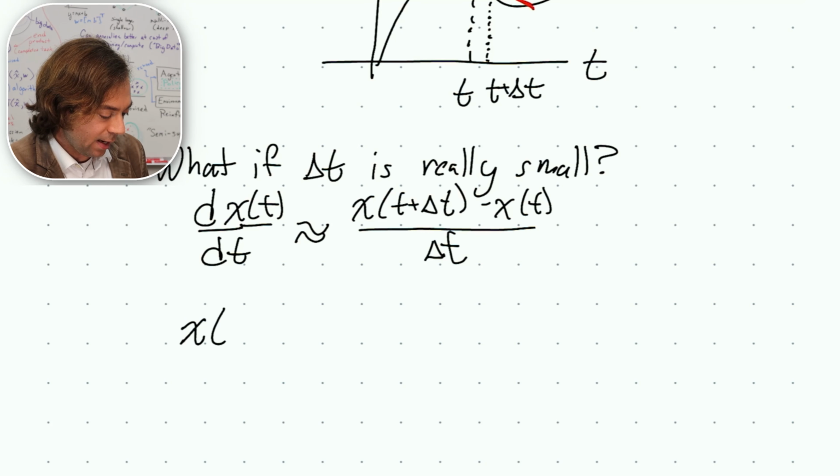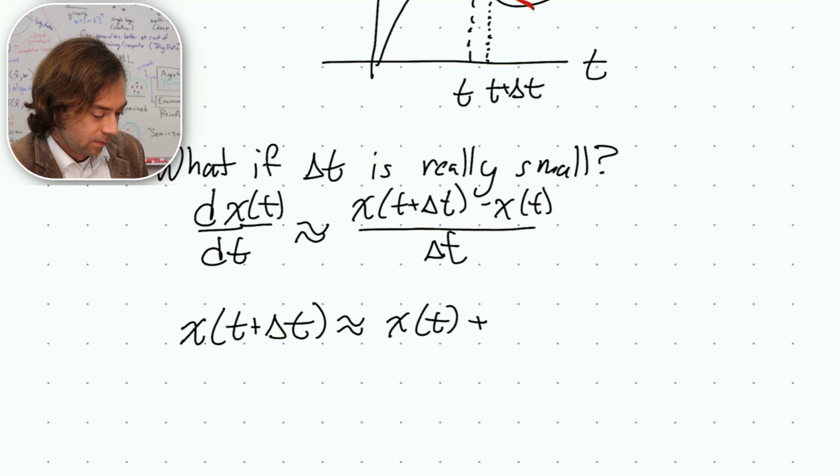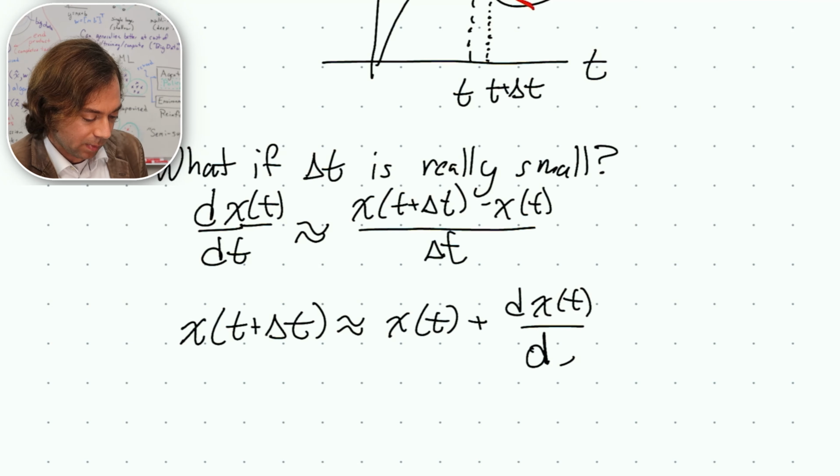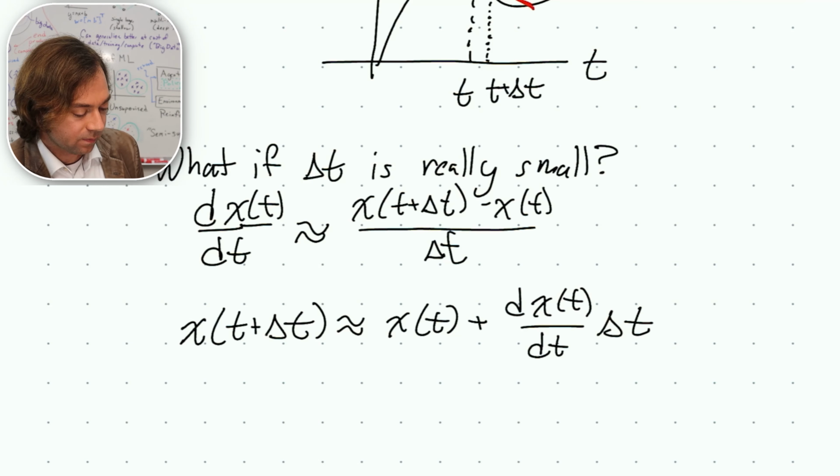And I would say, well, x of t plus delta t is approximately equal to x of t plus dx/dt of t times delta t. Sorry, iPad's misbehaving. Times delta t. All right?